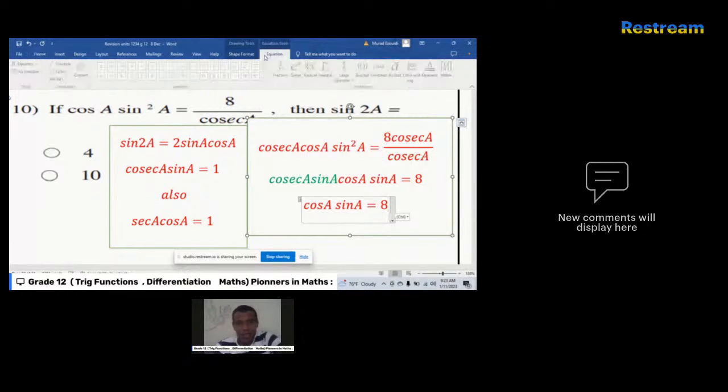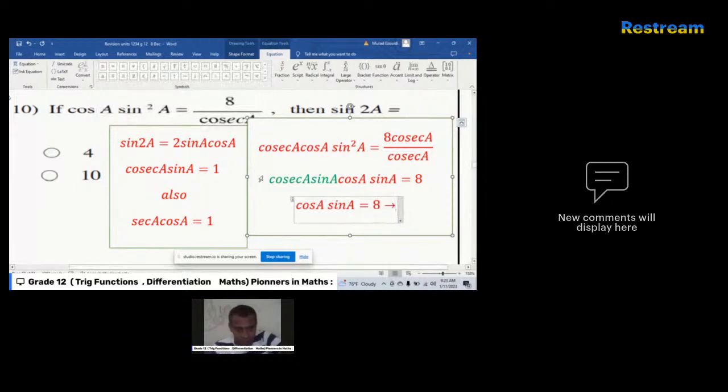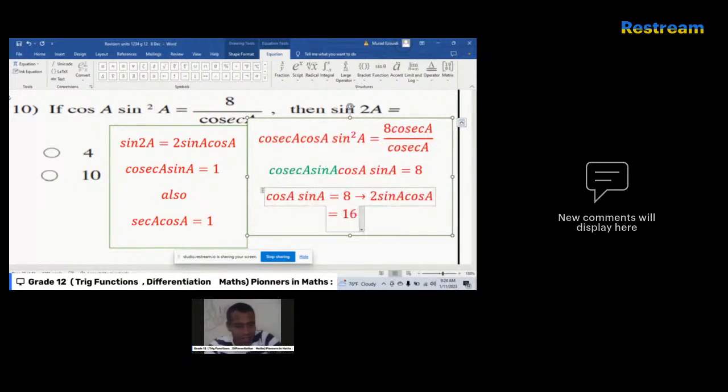If you multiply both sides by 2, you will get 2 sine A cosine A equals 16.